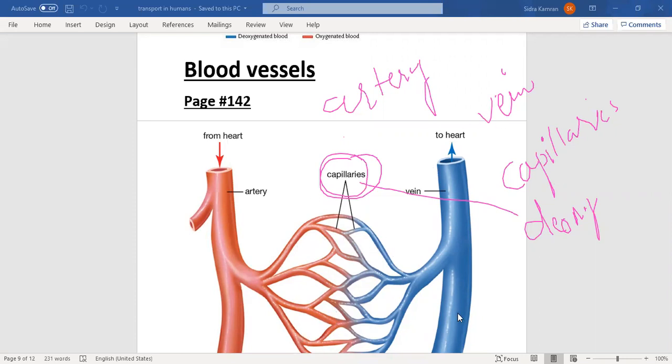Veins also have thin walls because the blood pressure is very low when the blood is moving through the veins, because all the oxygen is transported. Now the blood does not contain that much food and oxygen, and the direction of the blood is opposite, so that's why the pressure of the blood is very low.